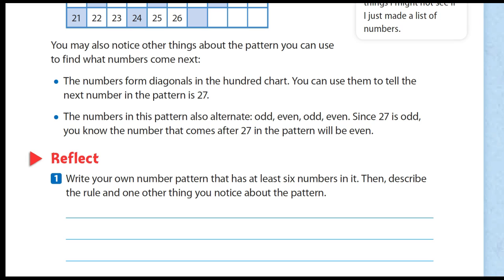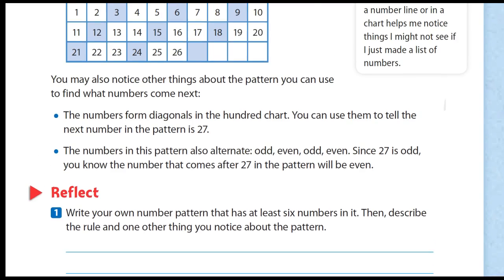So you may also notice other things about the pattern you can use to find what numbers come next. The numbers form diagonals on the hundreds chart. You can use them to tell the next number in the pattern, which is 27, as we found out.